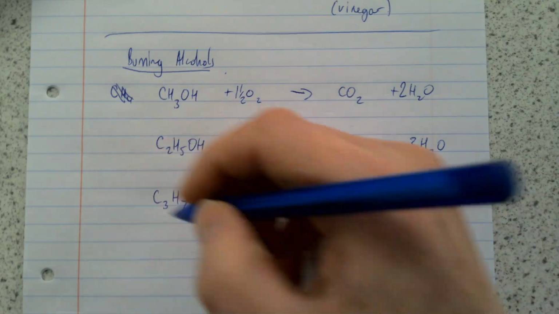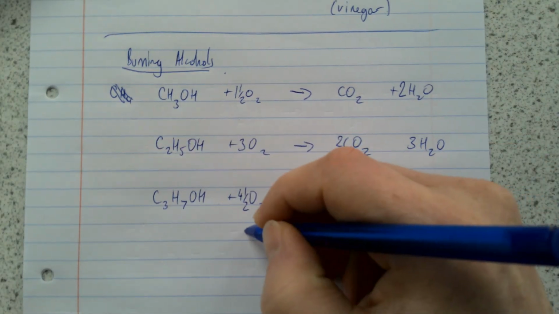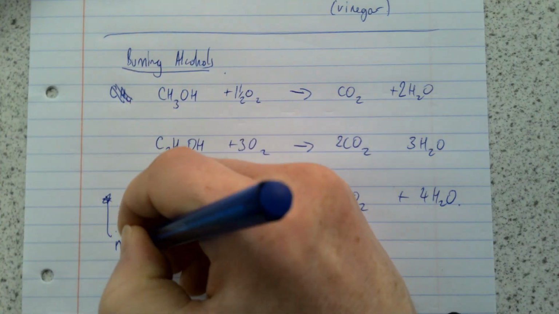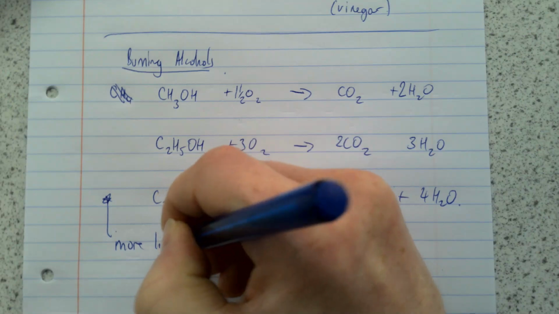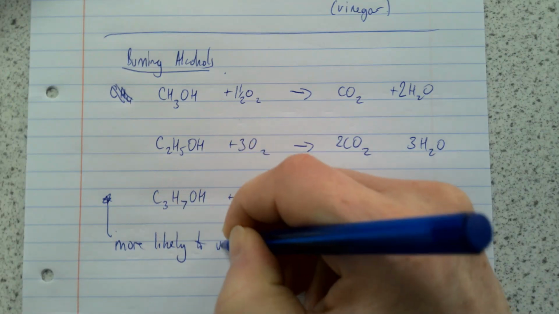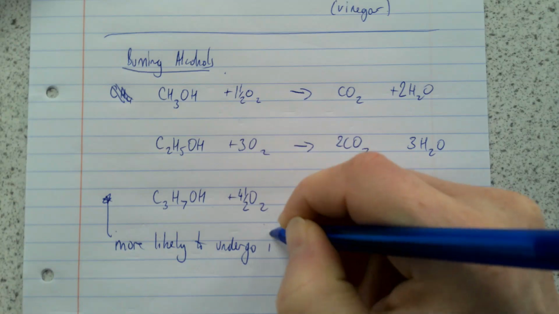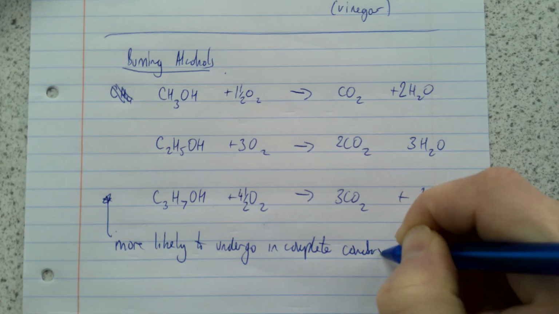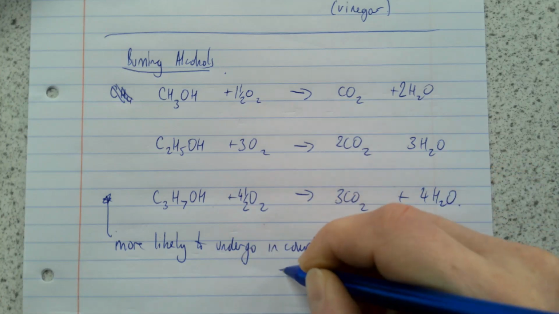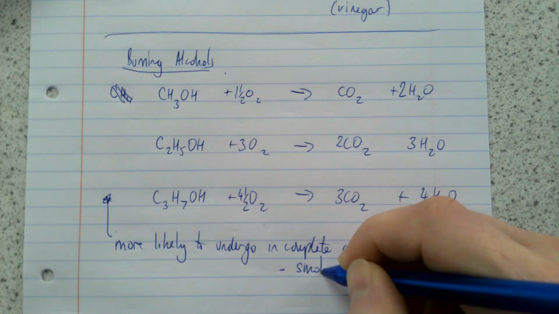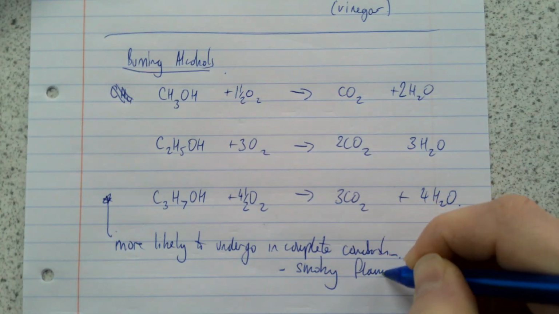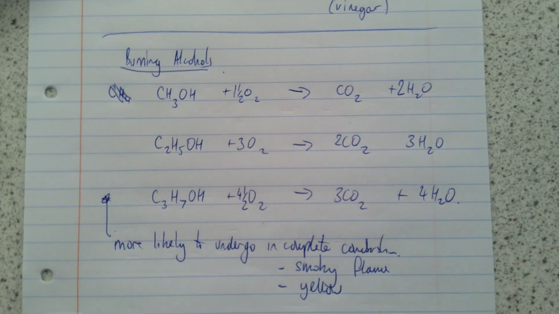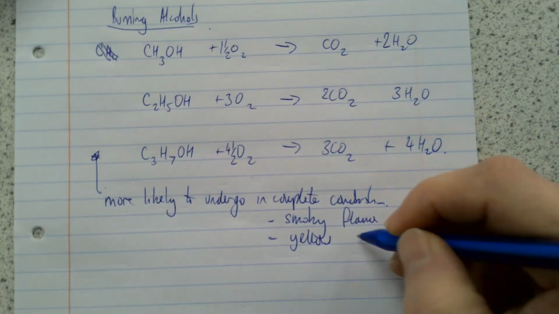So these ones are more likely to undergo incomplete combustion, which means you tend to get a more smoky flame. You tend to get a more yellow flame, which is the soot. All yellow is glowing soot.